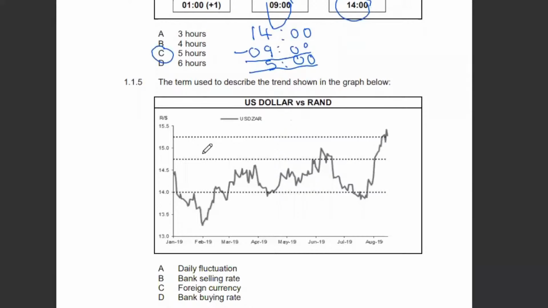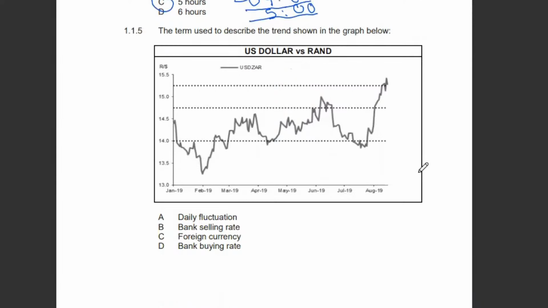Now let's move on to 1.1.5. The term used to describe the trend shown in the graph below. All right, you come across different graphs in your paper, so you need to know the topic which you are dealing with specifically. So this topic is actually foreign exchange.